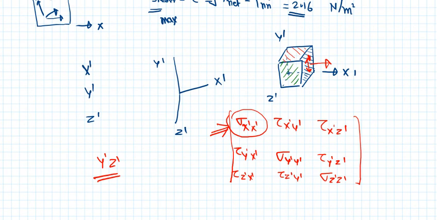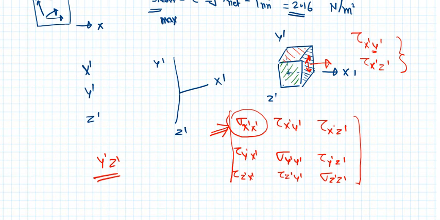Either we will have x dash, so we have two components on this particular plane. Either you can put the force along the y dash direction, along this direction, or you can have a force in this direction.